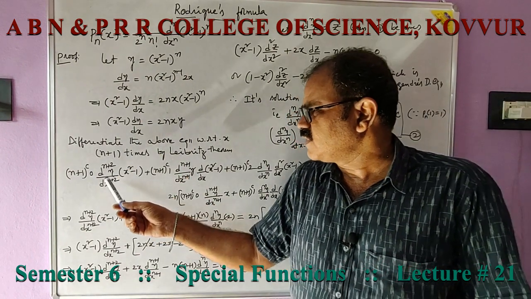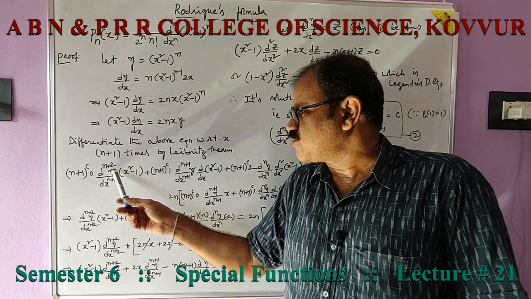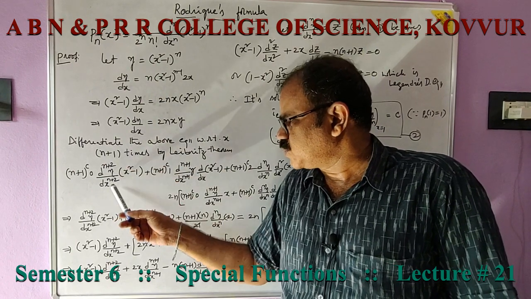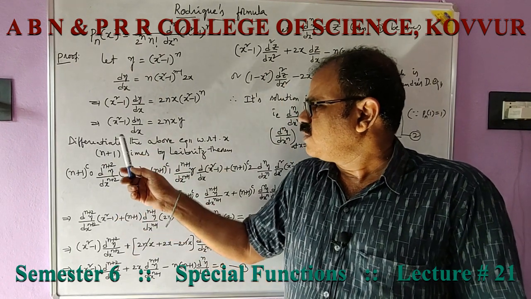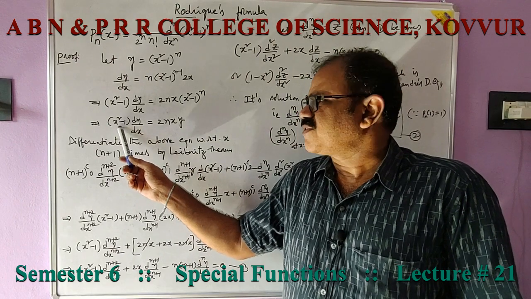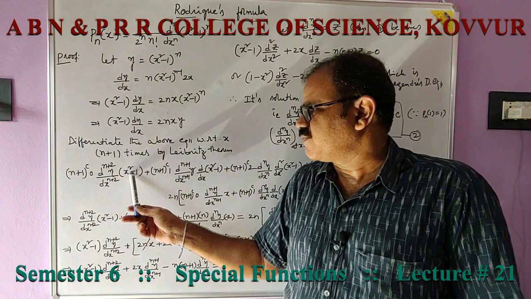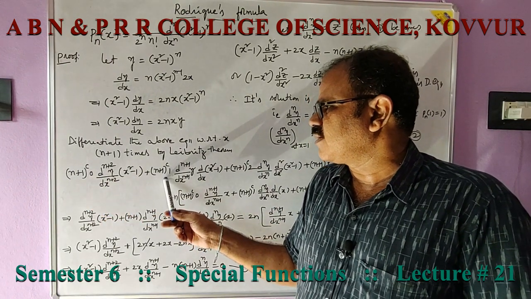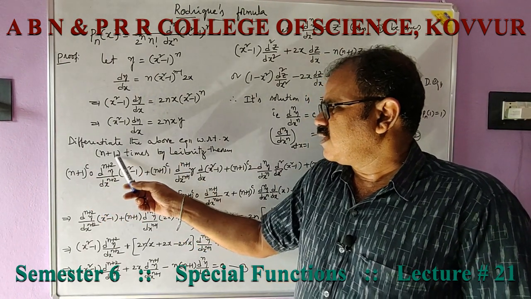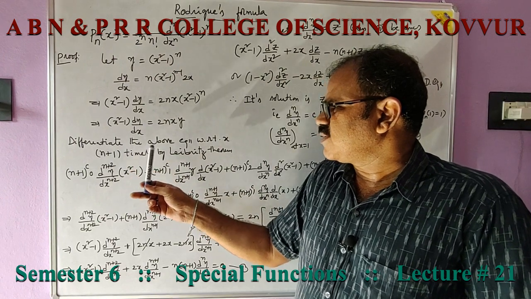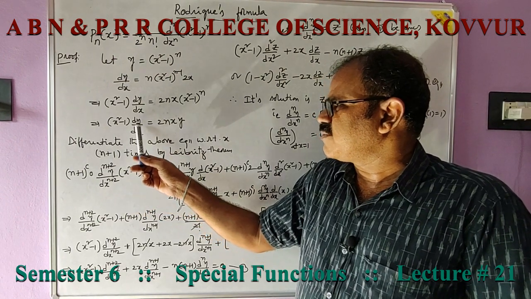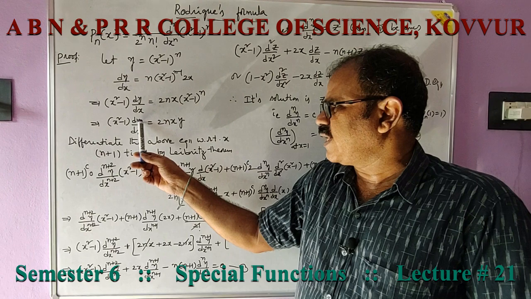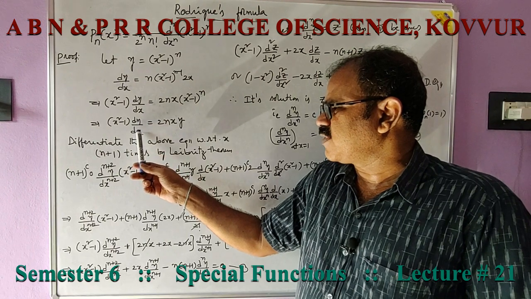Therefore, that is d power n plus 2 y by dx power n plus 2 into (x square minus 1), which we want to differentiate. Next term, this is n plus 1 c1, reduce this: differentiating n plus 1 times, we have d power n plus 1 y by dx power n plus 1.